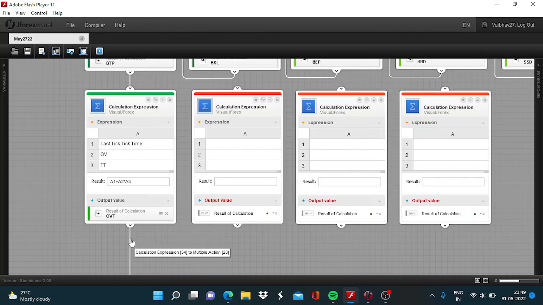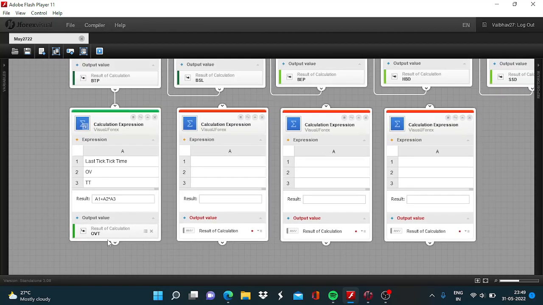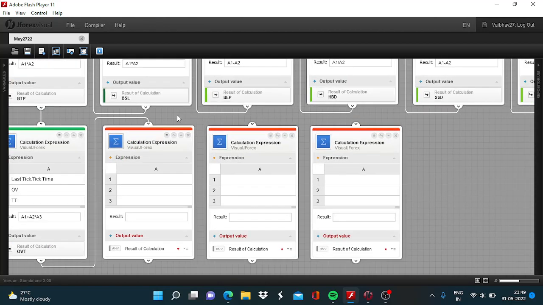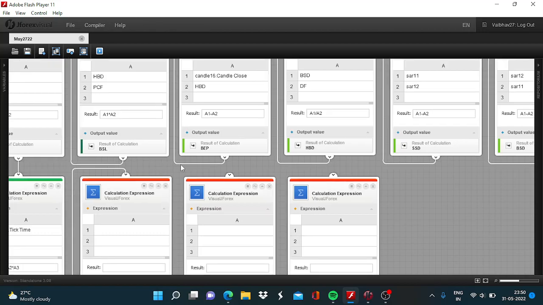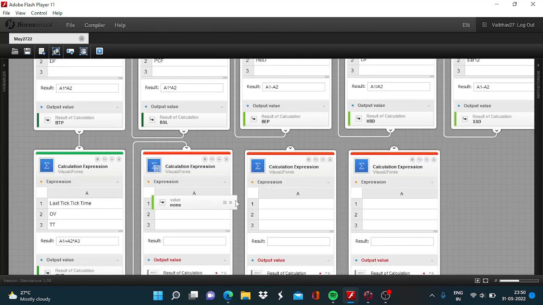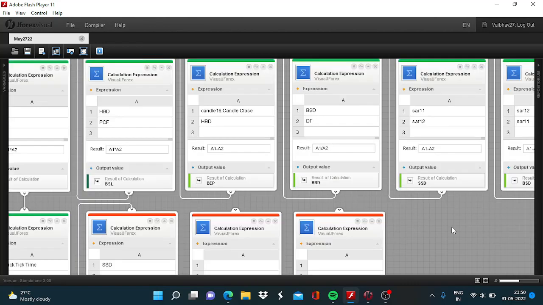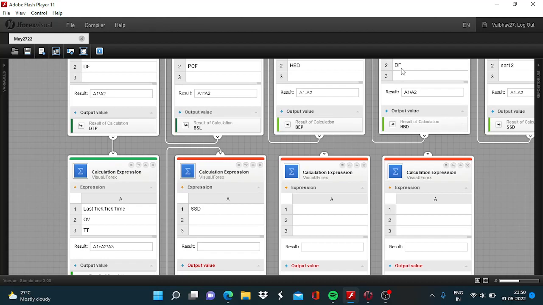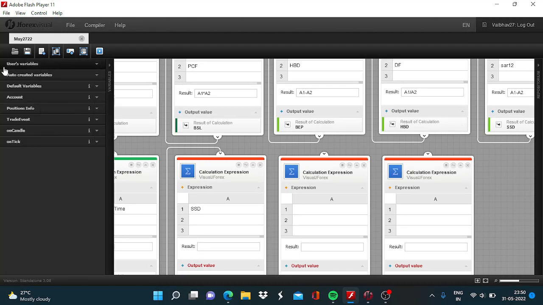All right. So we take this difference and divide it by 2, which is the variable df.